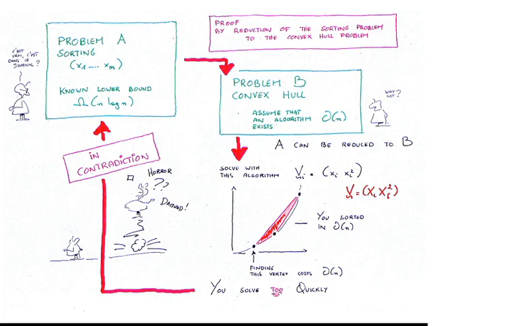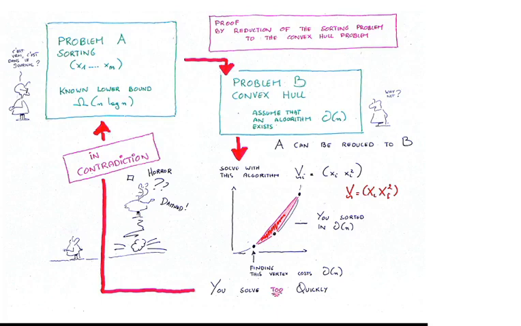And this is in contradiction with the fact that you know that it's impossible to solve it in order n. And if you obtain that, you prove that it's impossible to build a convex hull algorithm faster than n log n. It's a very standard approach in the field of complexity analysis.